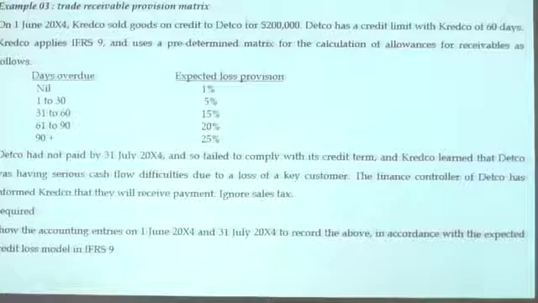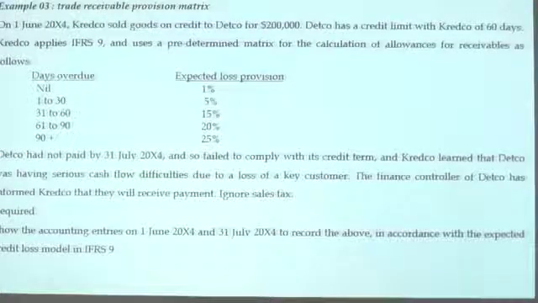When the sale occurred on 1st June, 200,000, you need to recognize the expected loss on the same day. Once you recognize the asset, you have to recognize the loss first. When you recognize the asset on the very first day, it is in the not due bucket.